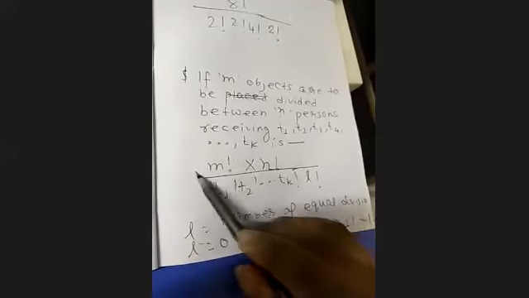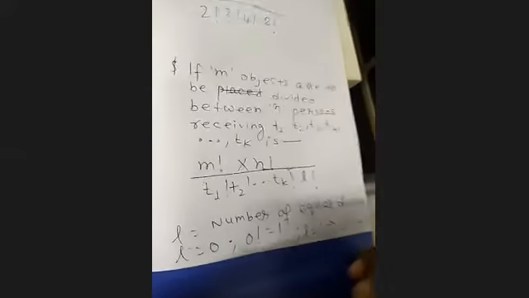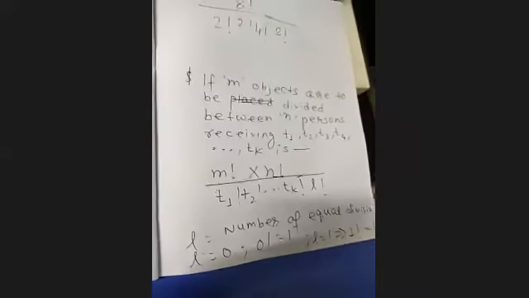Let n be the number of ways of distributing. See the term distributing here, not division. And this is the distribution statement. See the distribution formula once again; if you have not seen it, you can do this problem, otherwise you can't.